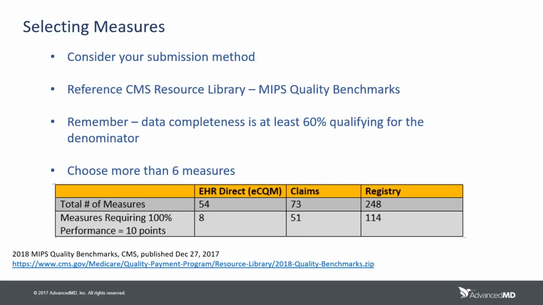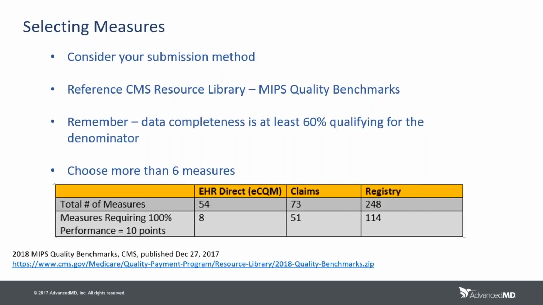So when you're selecting your measures, look for those that have the benchmarks so that you can gain the higher number of points. And if you are reporting via EHR, there are 54 measures to choose from. The advantages of EHR Direct, also known as eCQM or Electronic Clinical Quality Measures, are the higher points that you'll gain from those.